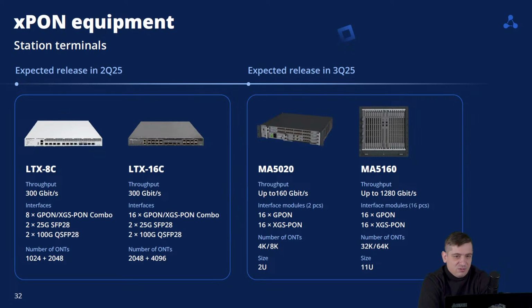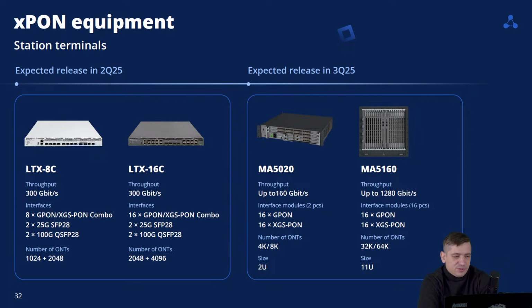so on this slide you definitely see GPON devices. Earlier I also touched about already implemented units, and here you can see LTX 8C and LTX 16C. C letter means that these units shall have combo ports within their interfaces for 8 and 16 pieces accordingly.